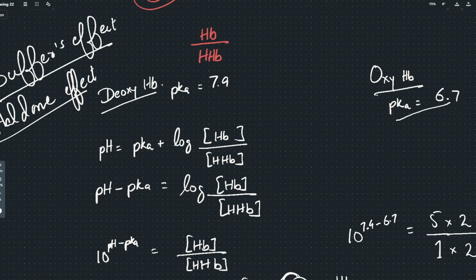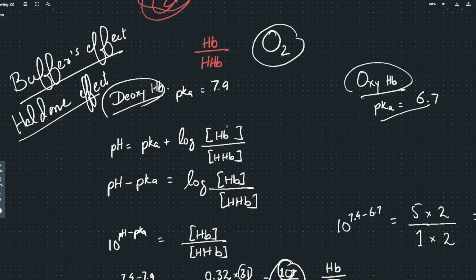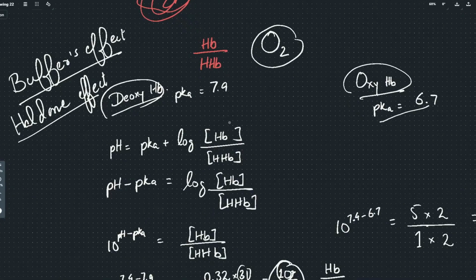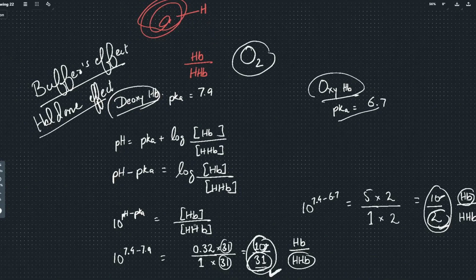It's very logical that it is deoxy or oxyhemoglobin. So it means it is all related with oxygen. So anything which is related with oxygen, depending upon the oxygen, it is loading or unloading the proton or CO₂.